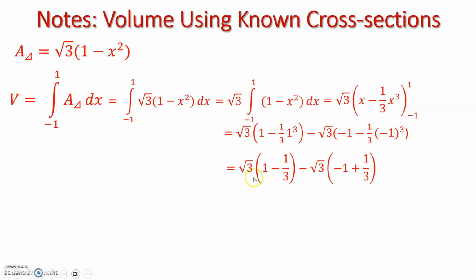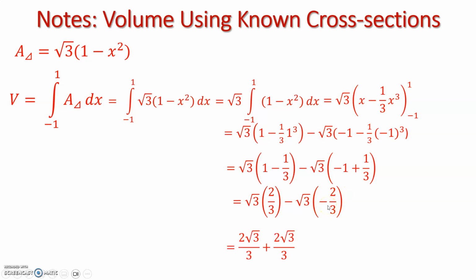So we get root 3 times (1 minus 1/3) minus root 3 times (-1 plus 1/3). 1 minus 1/3 is 2/3, and -1 plus 1/3 is -2/3. So we get root 3 times 2/3 minus root 3 times -2/3, or 2 root 3 over 3 plus 2 root 3 over 3, or simply 4 root 3 over 3. And that's it.